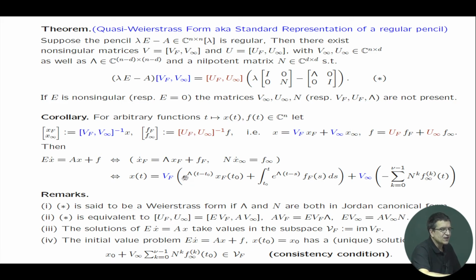And in general, if we have an inhomogeneity, then if we prescribe any initial condition and add this term without the minus, the result must be in our subspace script V_F. Otherwise we don't have a solution.